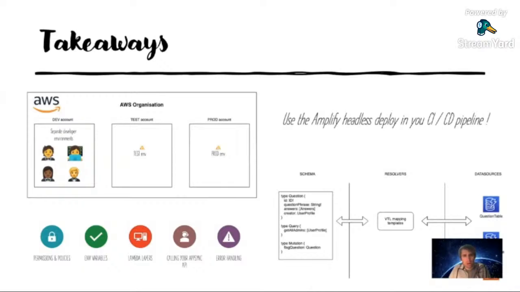We saw how we can use the Amplify headless deploy in our CI/CD pipeline. Next, we dove a little deeper into the GraphQL API and how to create a GraphQL API. What are the pillars of such an API? And then we saw 5 good to knows for setting up and configuring your Lambda functions.